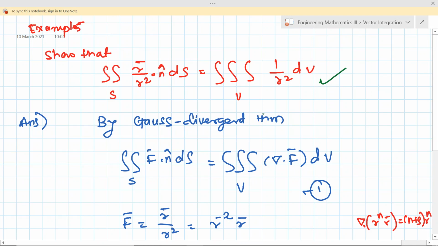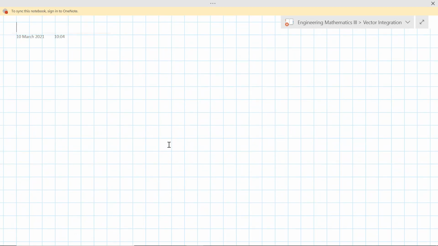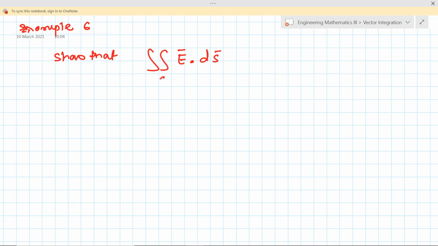Now let us see one more example to understand this. This is also the same kind of example. Show that the surface integral of E bar dot ds bar over s is equal to minus 4 rho pi times the triple integration, which means volume integration over v.